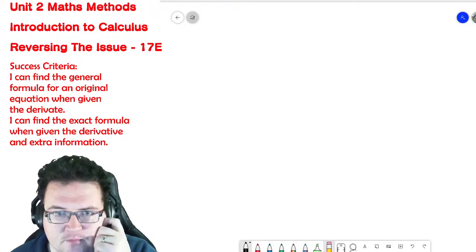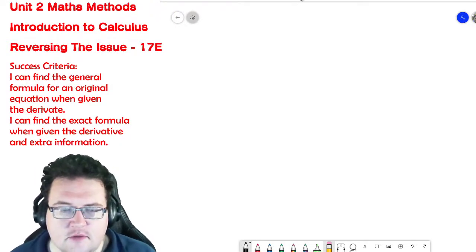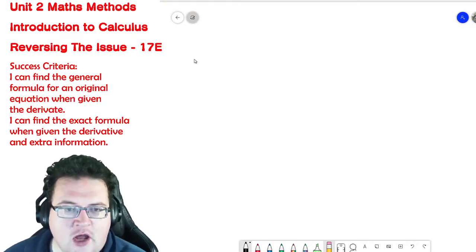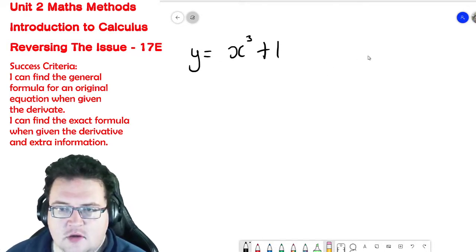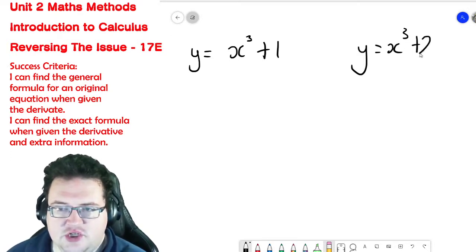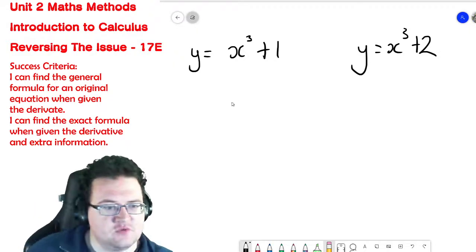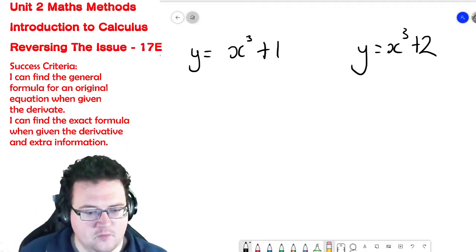So for example, if I have y equals x cubed plus 1 and y equals x cubed plus 2, and I take the derivative of both of these, what's my derivative function going to be?